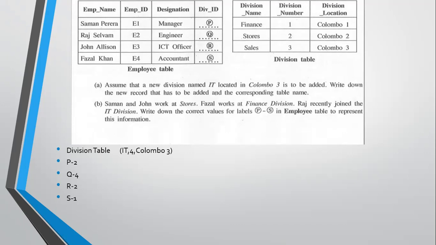Fasal works at the finance division. Raj recently joined the IT division. Write down the correct values P to S in the employee table. Here, the question is easy, but the names are jumbled. That is the difficulty in this question.